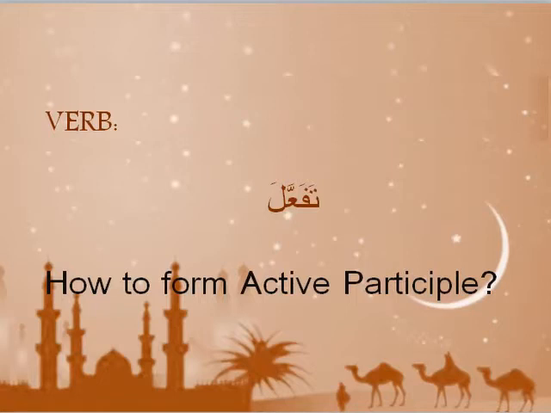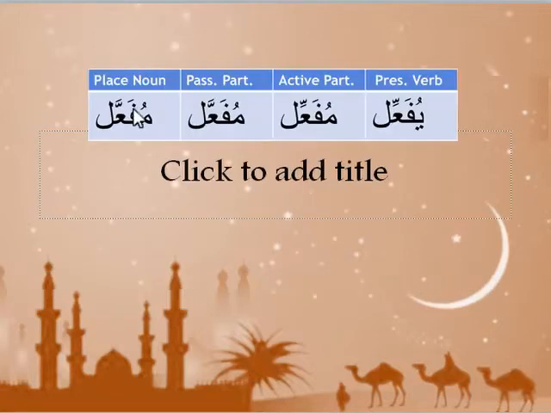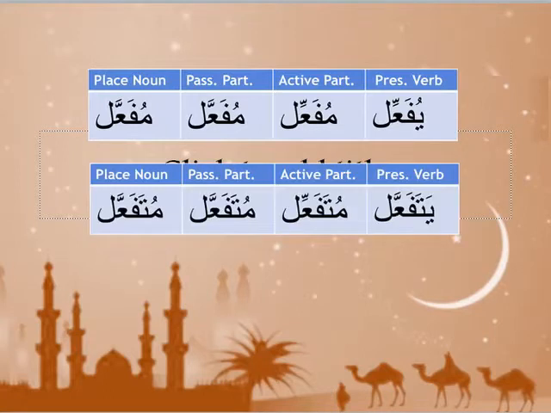Okay, now I know what you're thinking. Wow, that's fun, but how do I form the active participle? This is going to be an absolute breeze. So, if you remember, this is taken right out of our lesson on measure 2. And remember, we said learn these patterns because all we're going to do is stick the rest of the measures into these. Well, that's exactly what we're going to do. So if you did learn that, like we said, measure 5 is just simply sticking this root, the tafa'al root, into all these patterns.